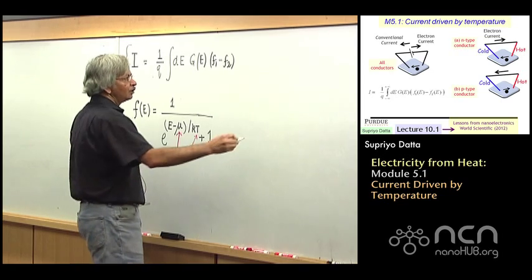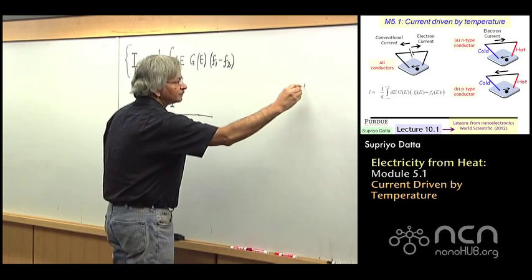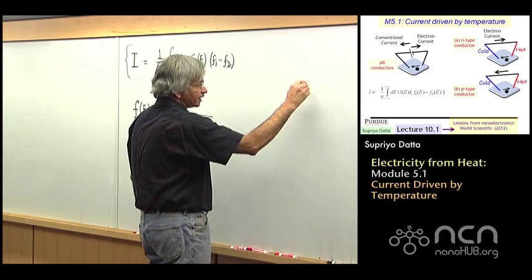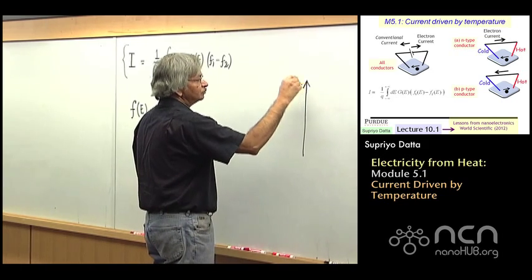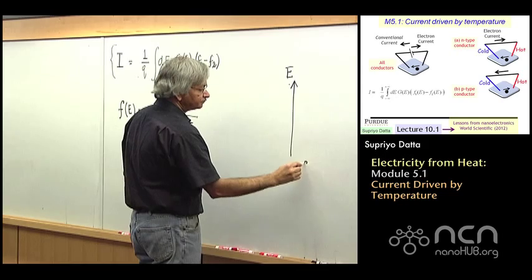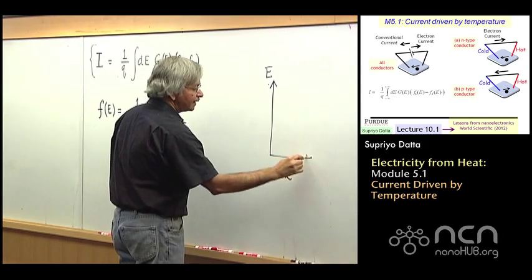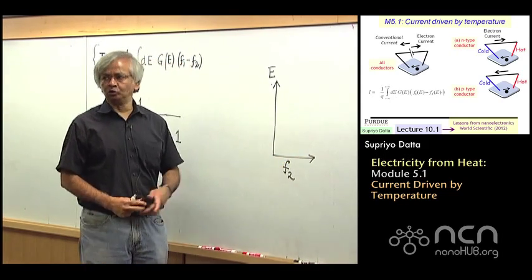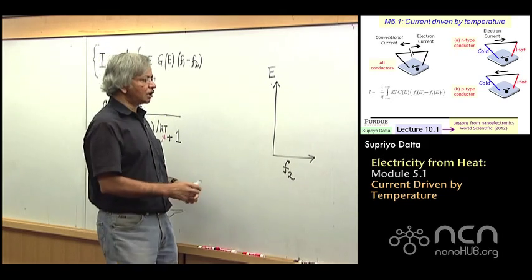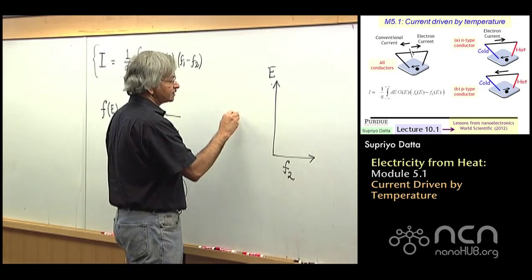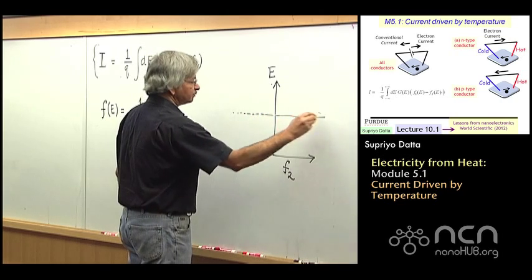So supposing one of the contacts, I'm drawing it here, let's say, this is the F2 as a function of energy. And let us say this contact happens to be a cold one. So because it's cold, let's say this is the electrochemical potential mu.